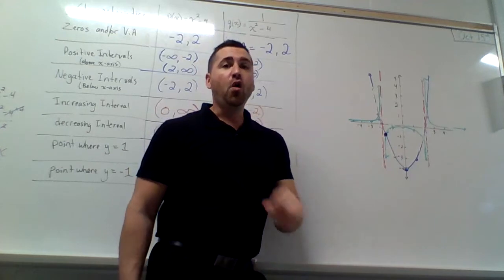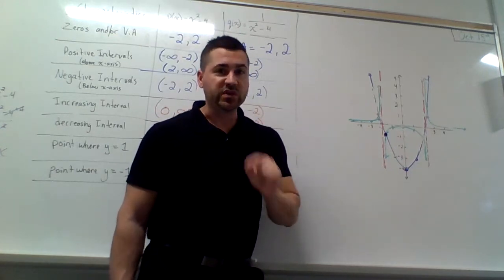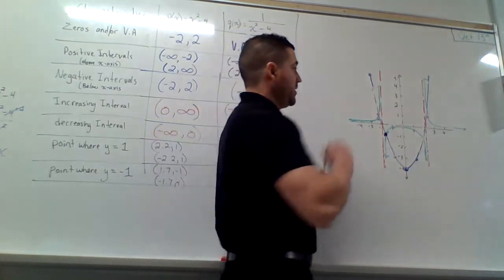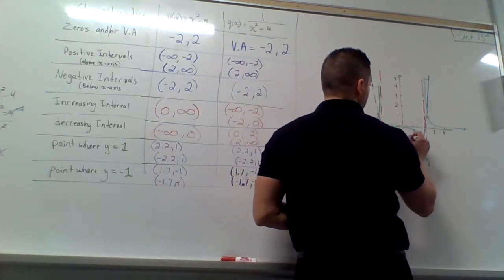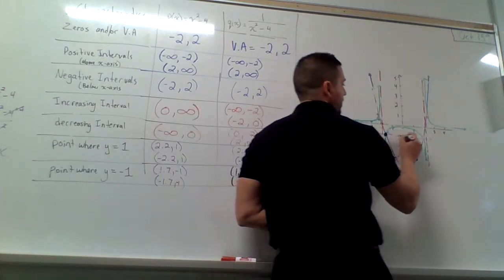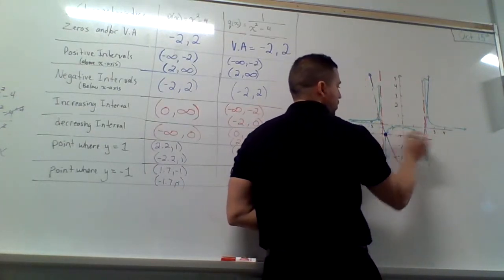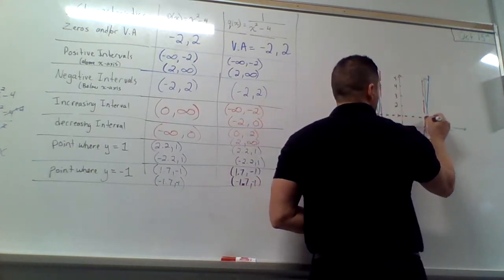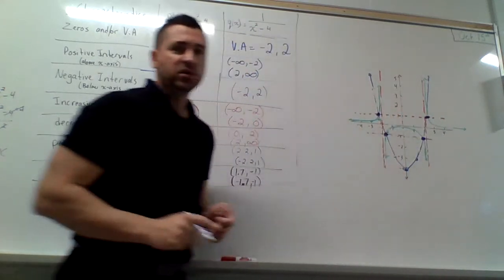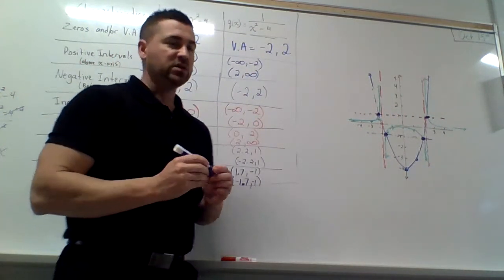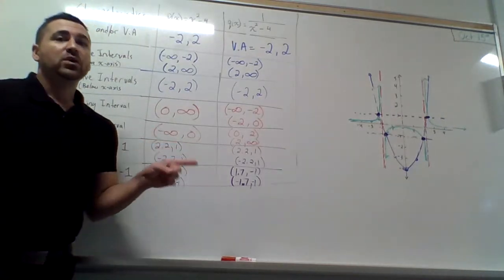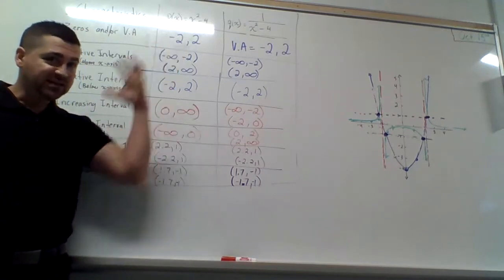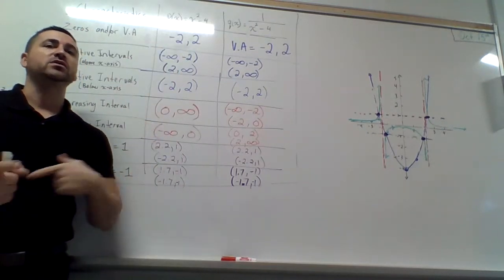They always intersect where y is positive 1 and where y is negative 1. If I drew a line across here at negative 1, they will intersect where y is negative 1, as well as where y is positive 1. And lastly, when one is increasing, the other one is decreasing. Everything's the same except for the increases and decreases, which are opposites.